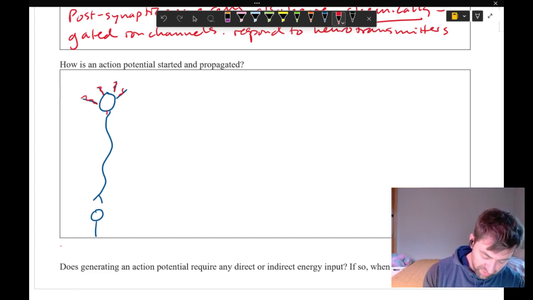It summates the depolarization, which starts an action potential at the axon hillock.